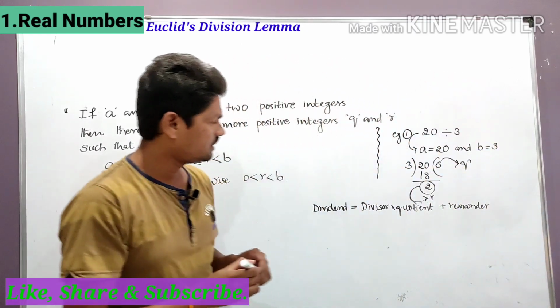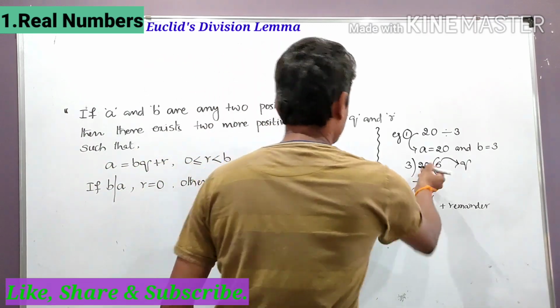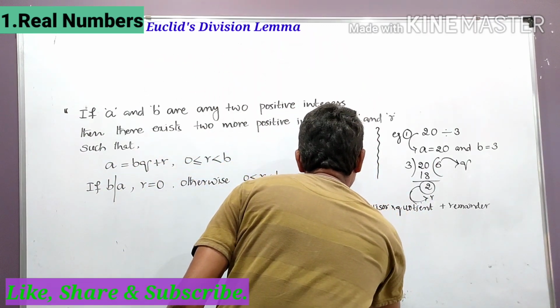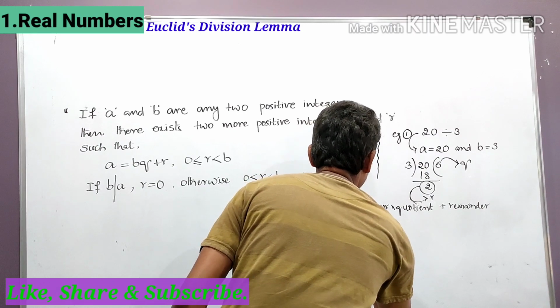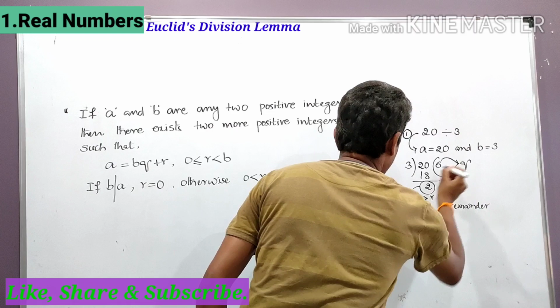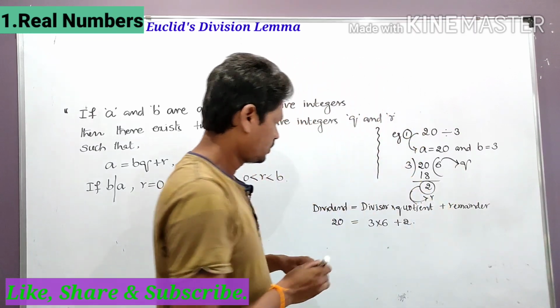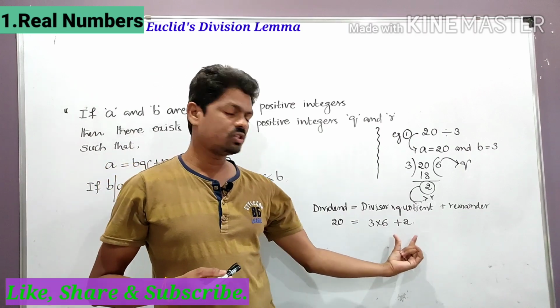So student, this is the division rule. In the same way here, dividend is 20, divisor is 3, quotient is 6, plus remainder is 2. So 20 is equal to 3 into 6 plus 2.